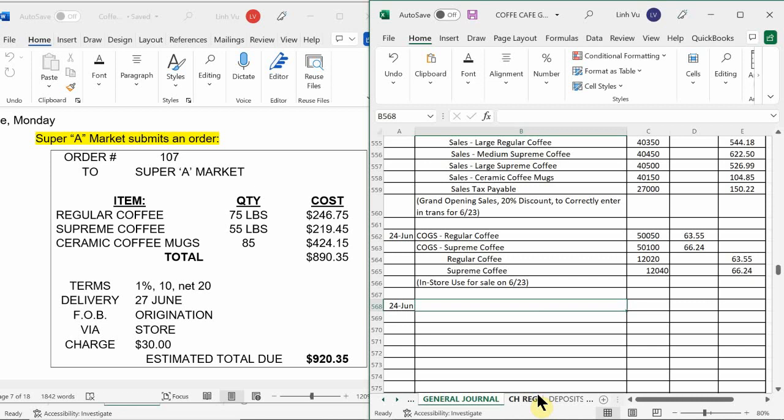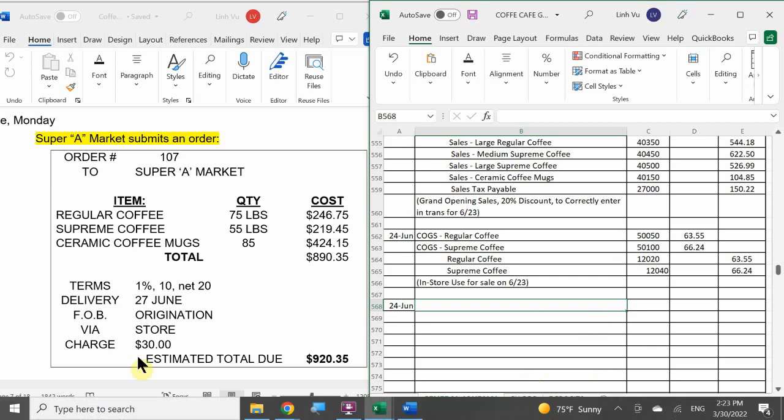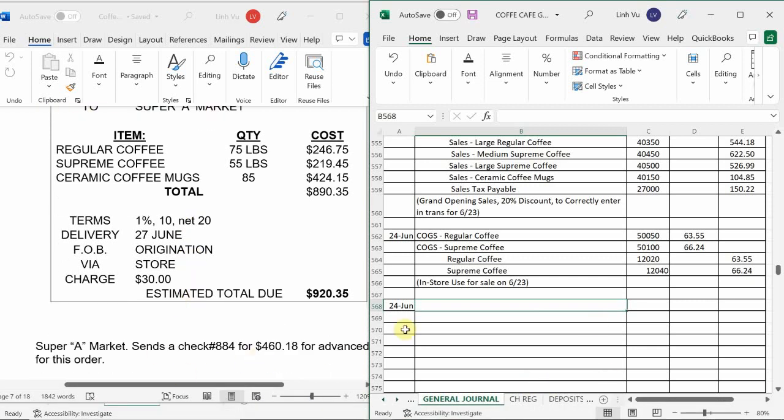Not an accounts receivable. Checking. Yes, we got to recognize that we received money, right? Because in this case, we received an advance payment of $460.18.